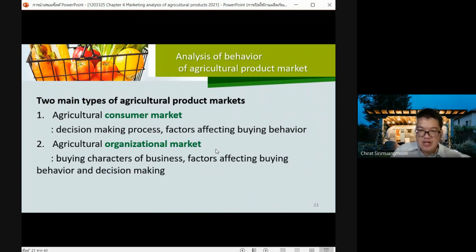But the organizational market is like a company or business firm. So you need to understand the buying characteristics of the business, like how they order. What channel do they use? Which method do they use for transactions? And what factors affect the buying behavior and decision making?